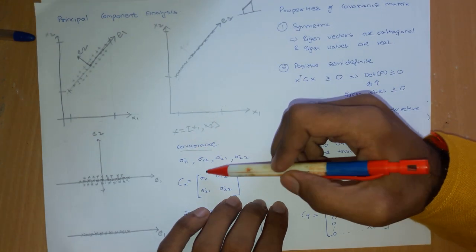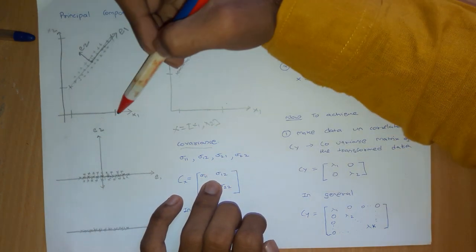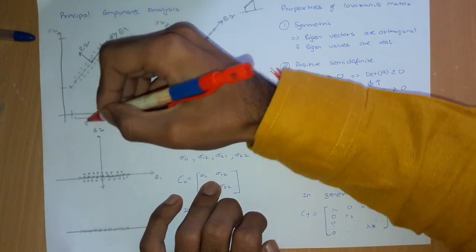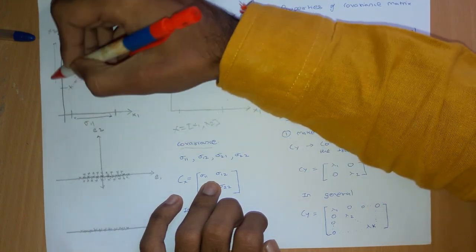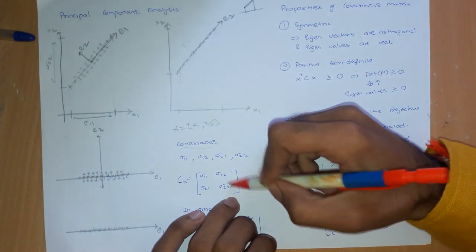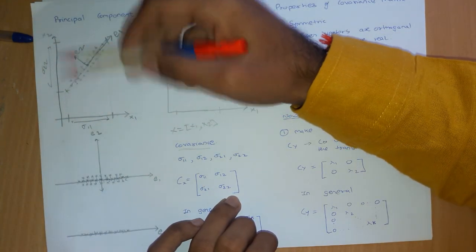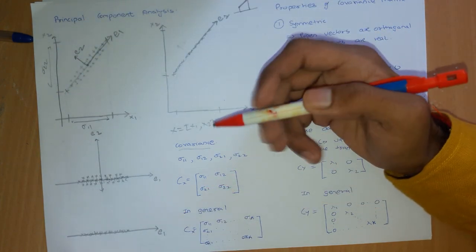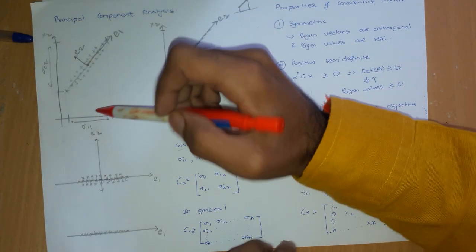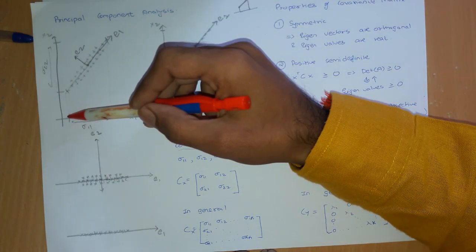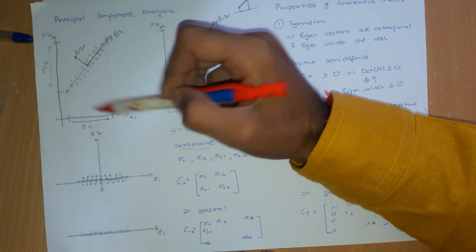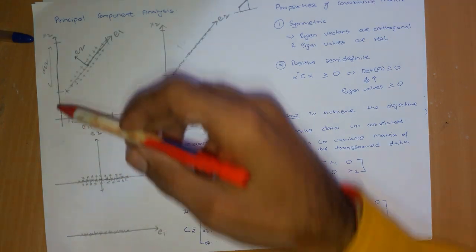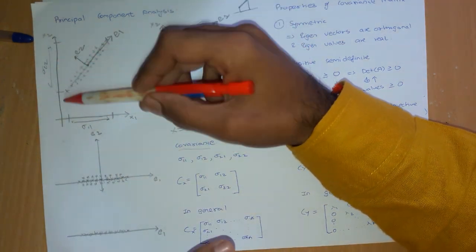So the covariance matrix can be given by sigma 11, which is basically the variance of x1. So this spread is nothing but sigma 11. This spread is nothing but sigma 22, which is the variance of the second dimension feature. And sigma 12 and sigma 21 are nothing but the covariance, or we can say the correlation basically. So what is the relation between x1 and x2? You can see that as x1 is increasing, your x2 also tends to increase.